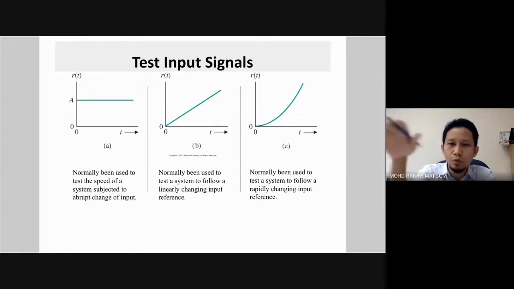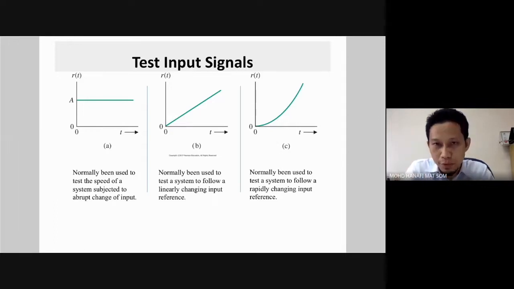What will happen is that we have a forced response and a natural response. We want to see the natural response of the system, because the forced response is actually the final output due to the input test signal.